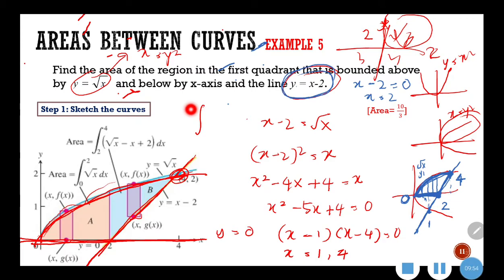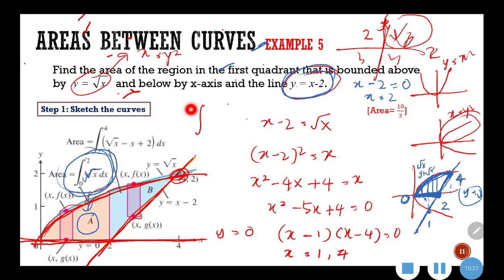No, yang kat bawah dia adalah y equals 0. It's bounded by the x-axis, y equals 0. So that's why the first part of the area, integration from 0 to 2 is square root x dx only, because dia punya height adalah y equals square root x minus y equals 0. So that's why here is only square root x for the first part, area A.